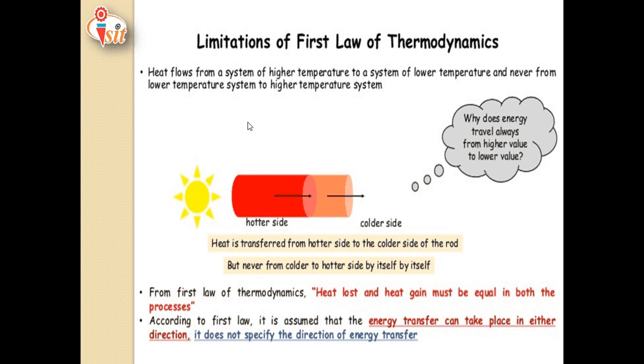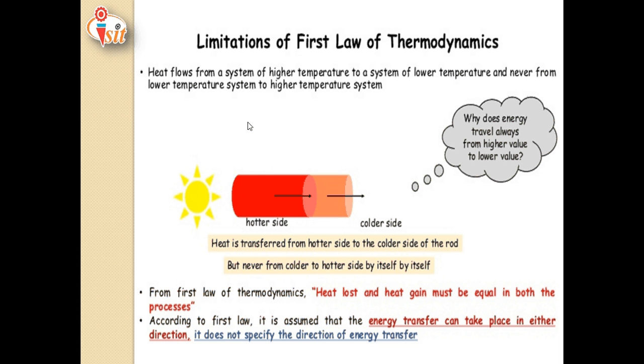So heat is transferred from the hotter side to the colder side of the rod. One rod is shown here, but heat will never flow from the colder side to the hotter side by itself. For that purpose, we have to use an external agency. So from the first law of thermodynamics, heat loss and heat gain must be equal in both processes, but in fact it does not happen.